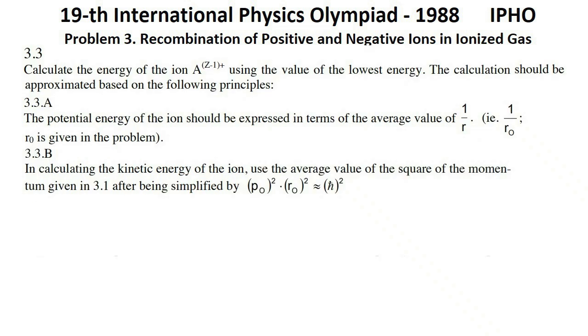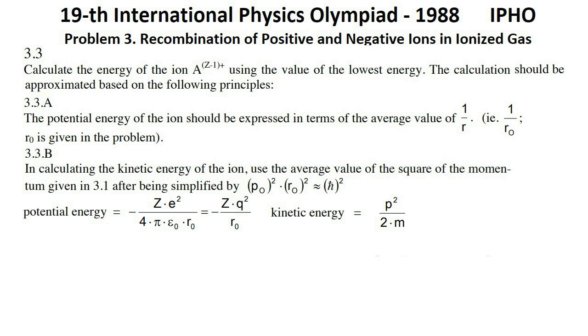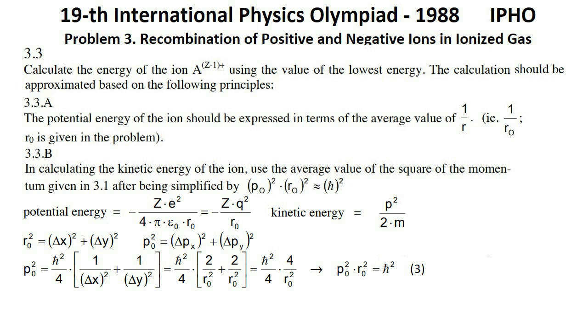Solution to question 3. Definition of the energy of A^(Z-1)+. Potential and kinetic energy are defined by the following expressions. If the motion of electrons is limited to the xy plane, the uncertainty principles of 3.1 can be written as follows. Hence p0 squared r0 squared is equal to h squared, formula 3.